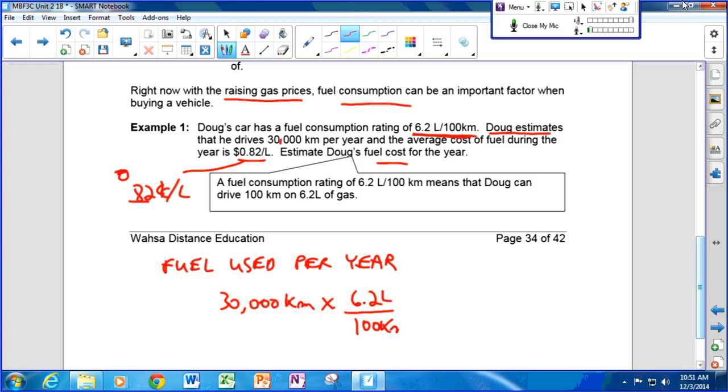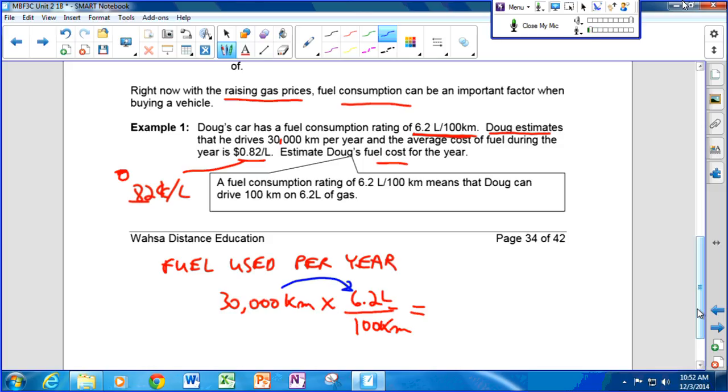Now, you'll see this done in a couple of different ways in the course text. Usually they work out this fraction first and then use that to multiply by the distance, but this works perfectly fine. Okay, what you do is you multiply this number by that number, and then you do the division. You divide the result by 100. Okay, so here we go.